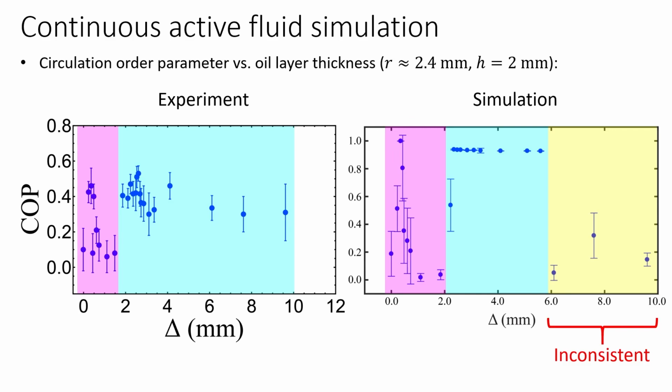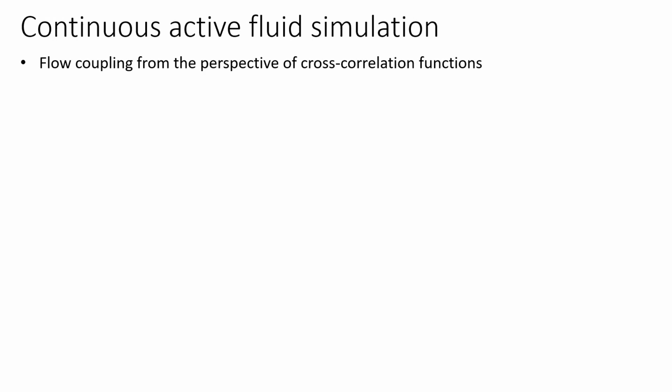However, we developed the simulation not just for matching our experimental data. One advantage of adapting simulations is to gain deeper insight into the mechanism that is challenging to reveal by experiments. Here, we use a simulation to examine the active fluid-oil coupling from another perspective that involves a cross-correlation function.